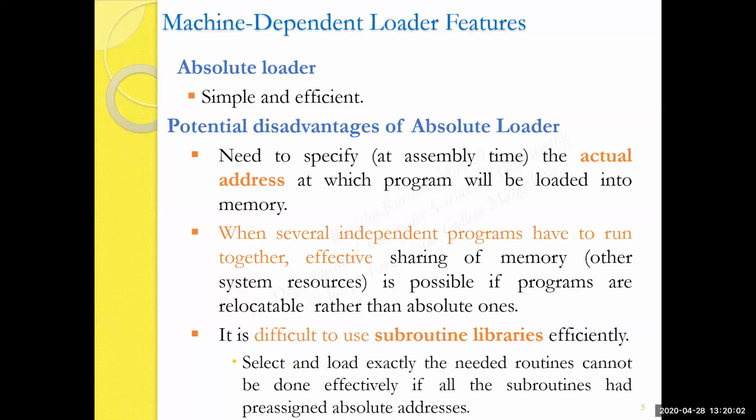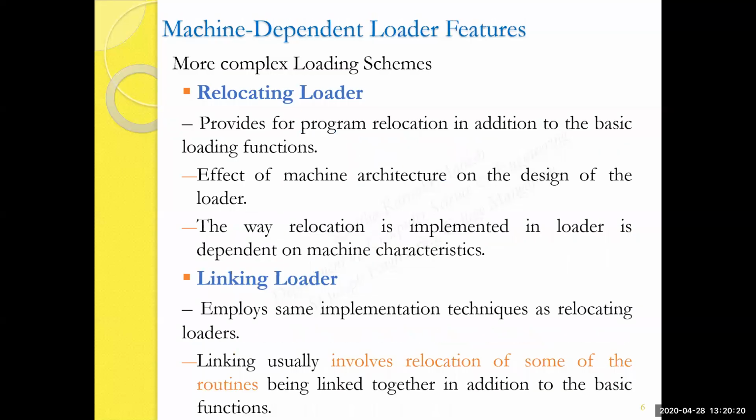But this cannot be done effectively if all subroutines have pre-assigned absolute addresses. Or in other words, it requires that subroutines are relocatable. And again, the absolute loading scheme does not provide for program relocation.